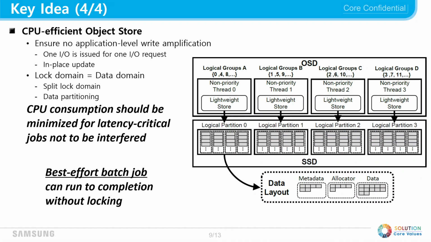Third is CPU efficient object store. We design an in-place update based object store to minimize the host side WAF and CPU overhead, and to maximize parallelism during storage processing. Since the CPU efficient object store runs on raw devices, it directly manages metadata, block map, and data areas.